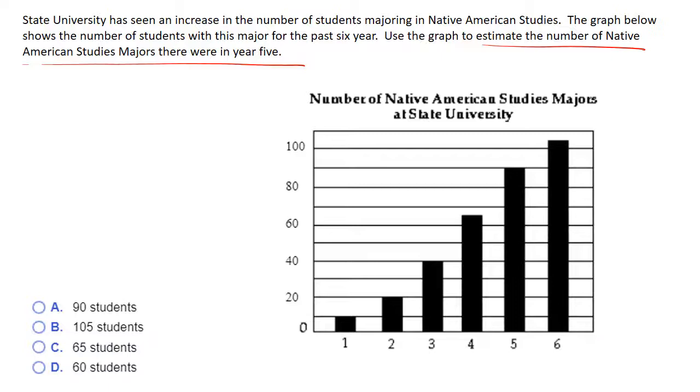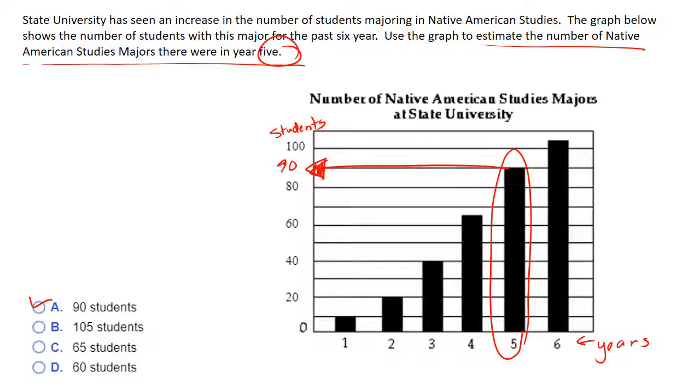The years would be down here across the bottom, and then these would be the students on the vertical side. So if we're looking at year 5, you would simply need to pinpoint that year and determine how many students that would represent. Since that is midway between 80 and 100, we would approximate that to be 90, which is answer A.